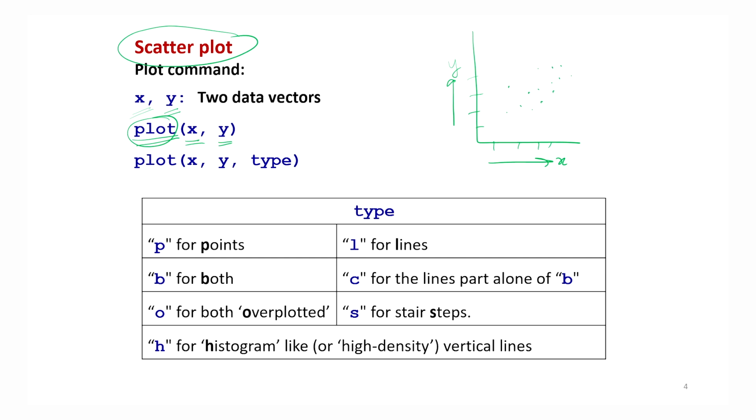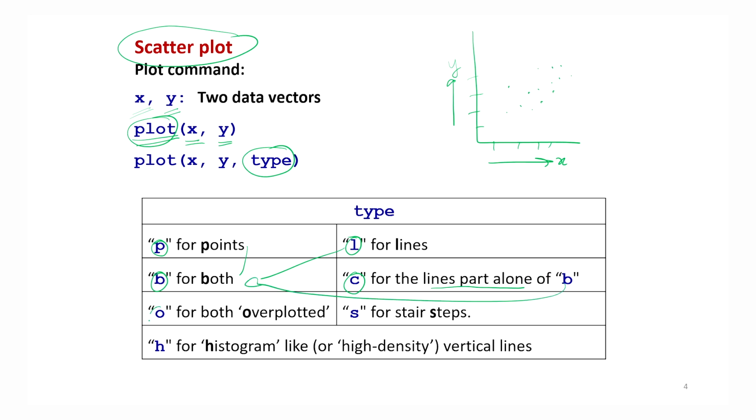After this, there are different ways in which the scatter plot can be represented, and those options are given by type. The different choices for type are, say, p: if I write type equal to p, it indicates points, so there will only be dots. If I write type equal to l, it gives lines. Type equal to b gives both points and lines. Type equal to c gives only the line part alone, which was created in b.